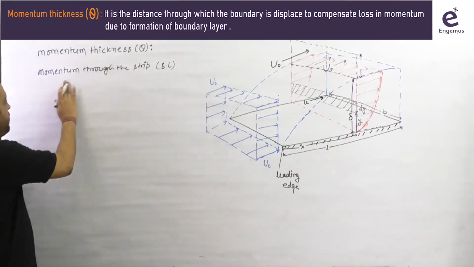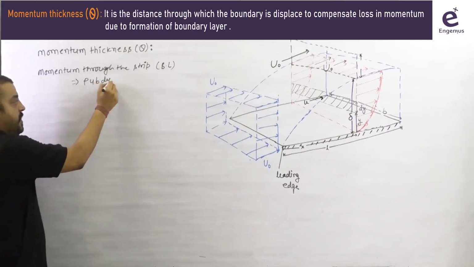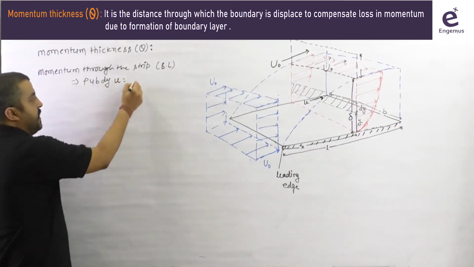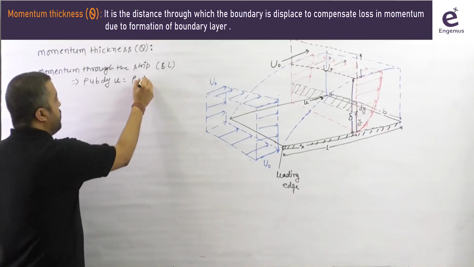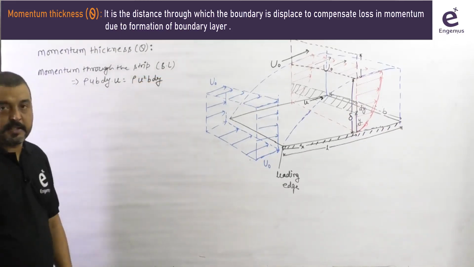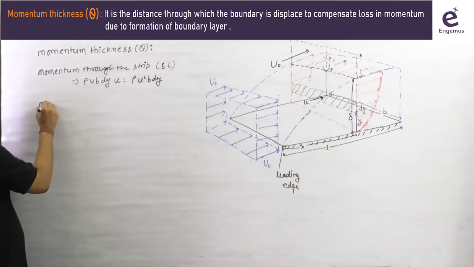From here we can say the mass is rho u b dy as we defined earlier, and the velocity is u here. So mass into velocity is momentum, so rho u square b dy is the momentum through the strip when the boundary layer is present.